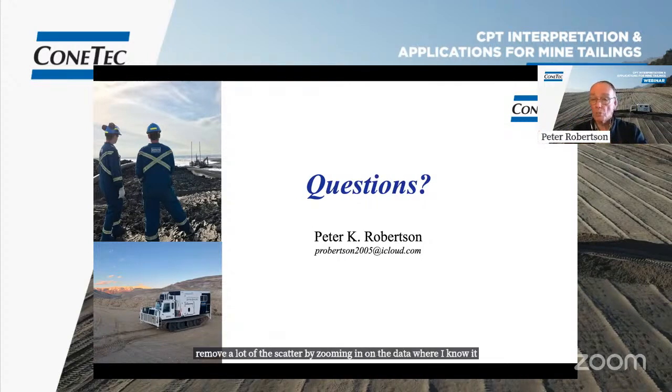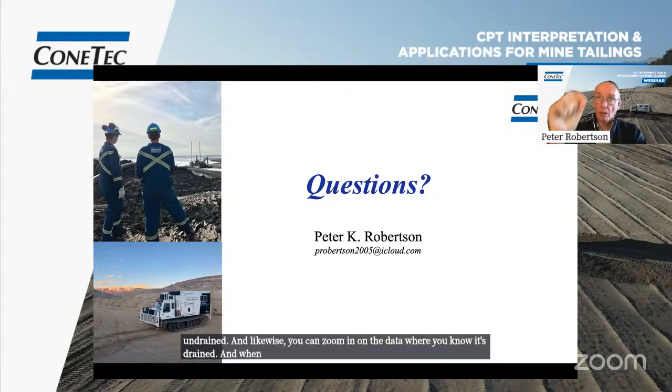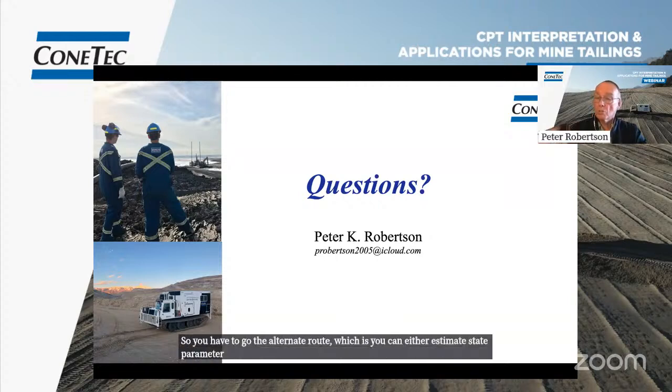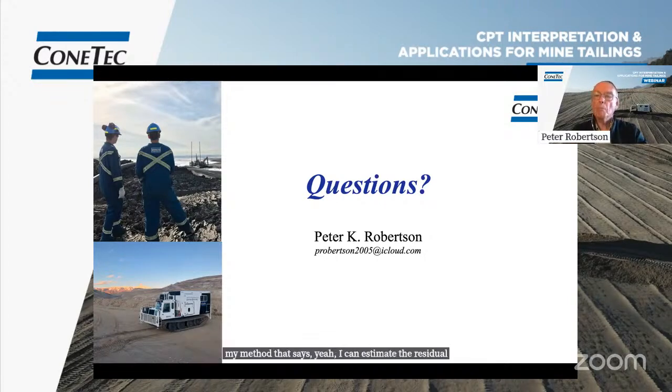Likewise, you can zoom in on the data where you know it's drained, and you'll tend to find, yes, it's plotting up in the drained region, and no, you cannot predict the peak undrained strength because it's a drained penetration. So you have to go the alternate route, which is you can either estimate state parameter, or you can use my method that says I can estimate the residual undrained strength empirically once I recognize that it's a drained penetration. That's what those contours try to do.